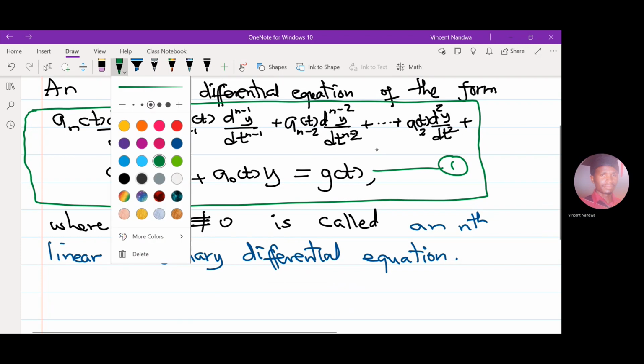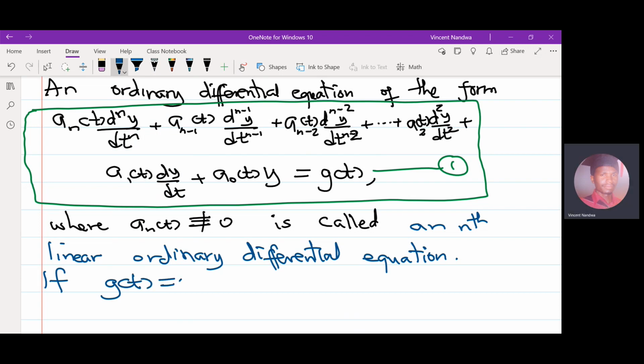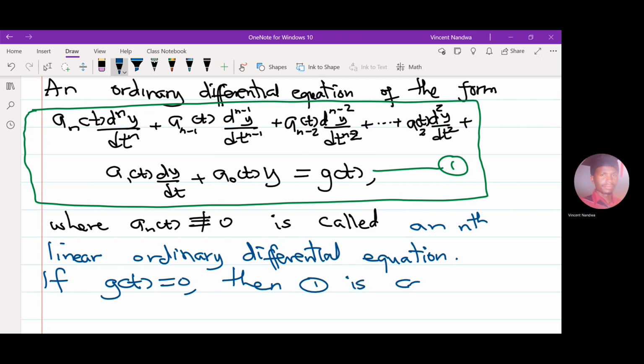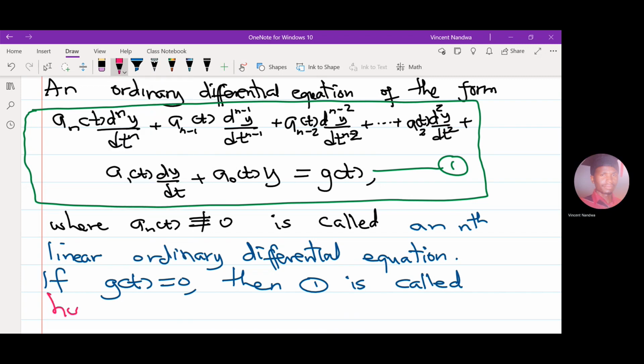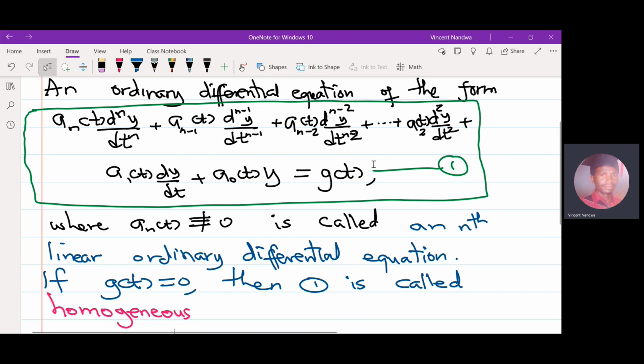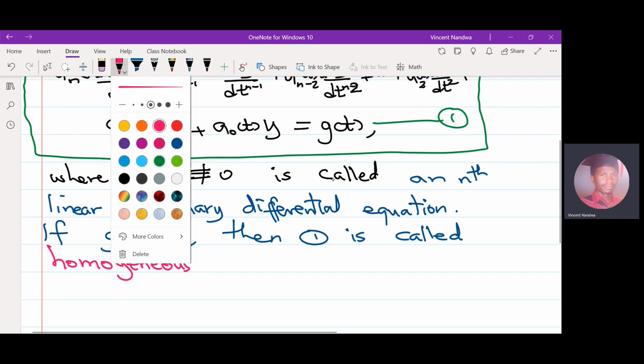So if g of t is equal to 0, then 1 is called homogeneous, while when g of t is a non-zero value, then 1 is called non-homogeneous.